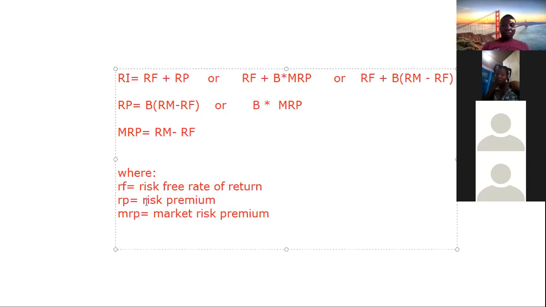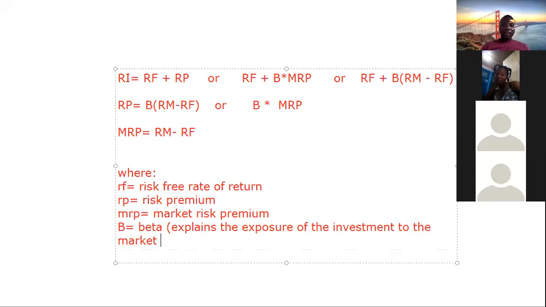Your B is equal to your beta. Beta explains the exposure of the investment to the market risk, or beta measures the exposure of the investment to the market risk.